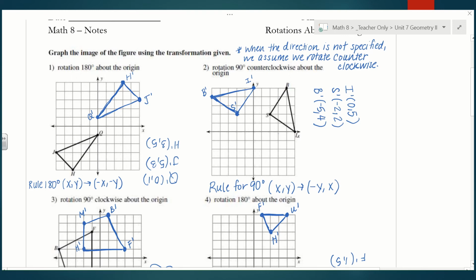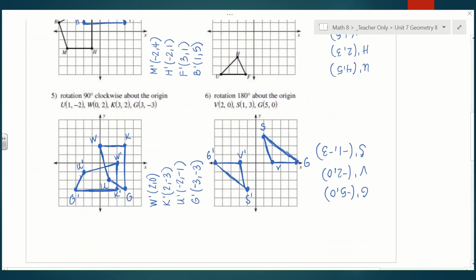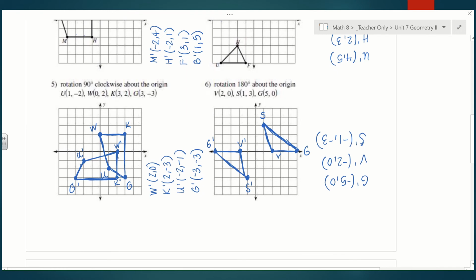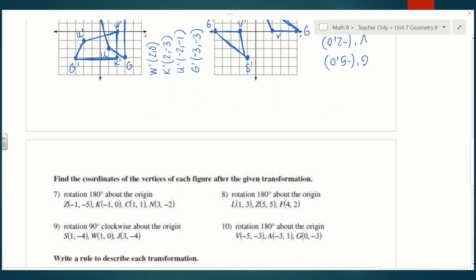Now again, I don't love the rules because it's hard to remember. There's a different rule for every direction and degree. But you're always welcome to write them out if that's something that you'd like to remember. For me, I just like to actually turn my paper and figure it out that way. Okay, so let's go on to the last part of this.